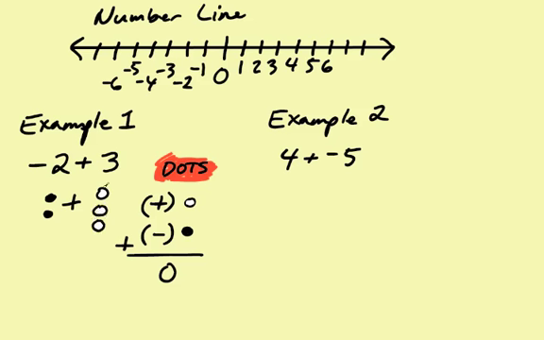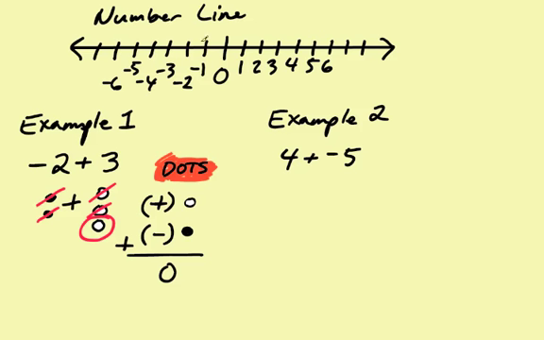So I have 2 black dots and 3 white dots. They will go ahead and cancel out. And that is the beauty of it. For every black dot, I cancel out a white dot, and for every white dot, I cancel out a black dot, and whatever's left over is magically our answer. So when we add -2 to +3, we get one positive number left over.